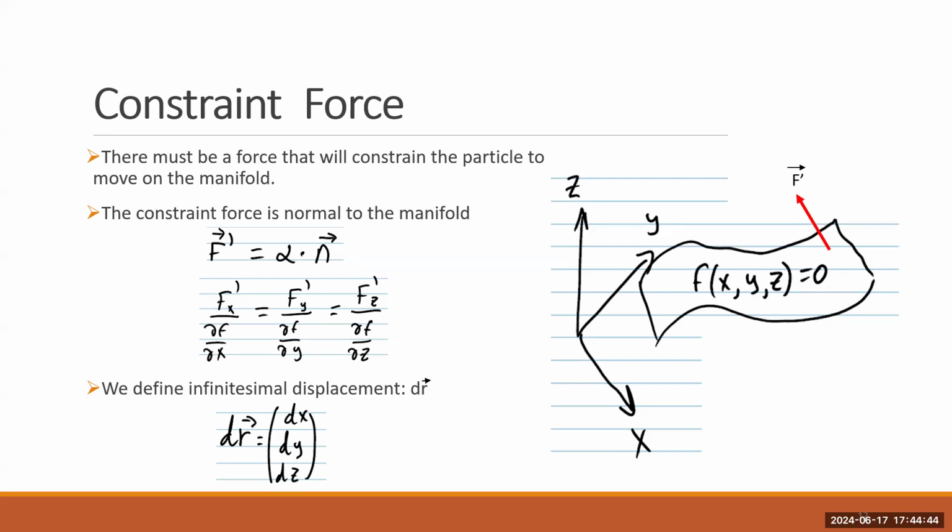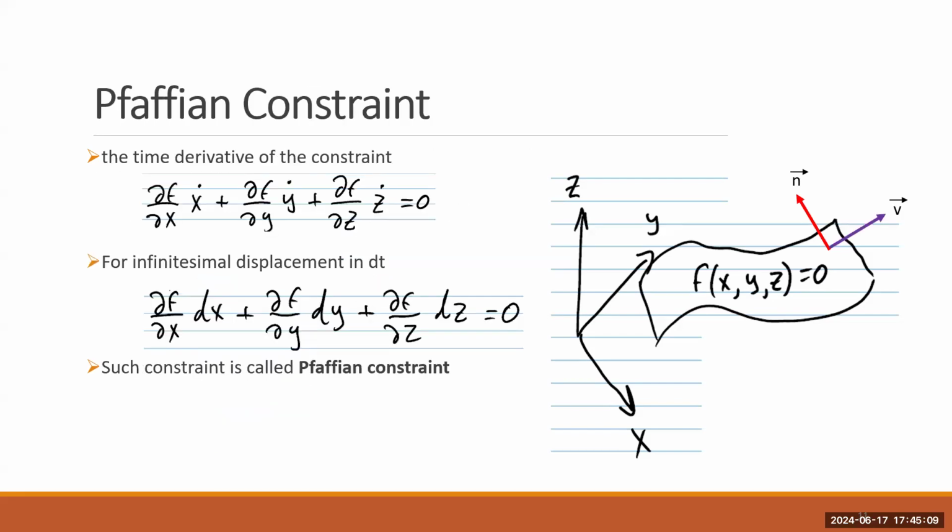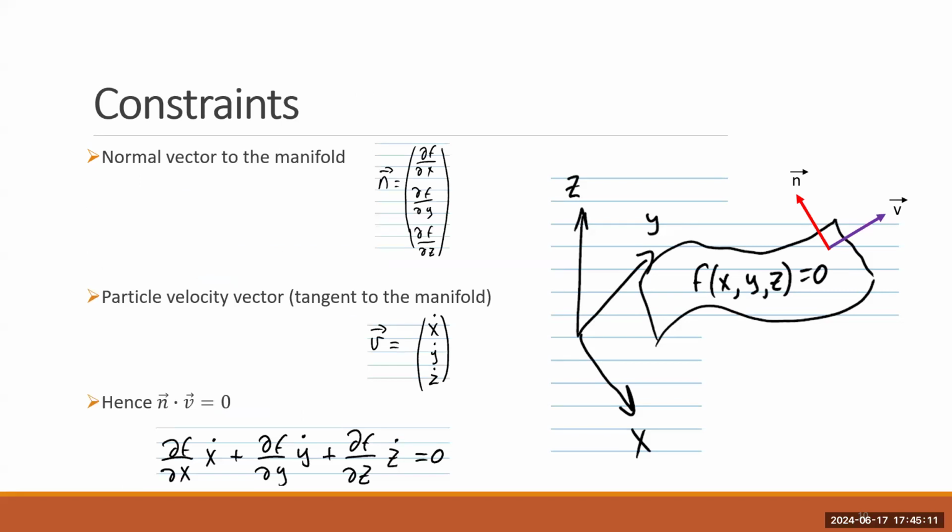And from that, we can say that each element here must be true. The n is simply, as you can see here, df dx, df dy, df dz.